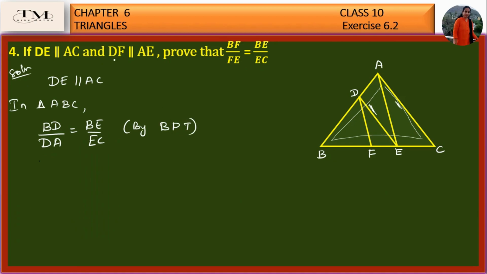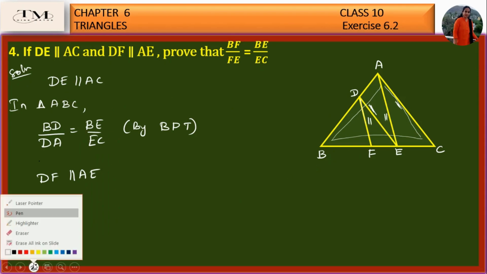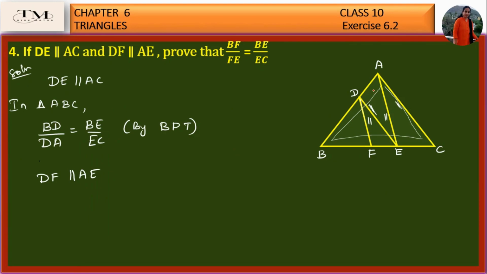Another parallel line is DF parallel to AE. So this DF is parallel to AE. Here we are going to consider this triangle, AEB.